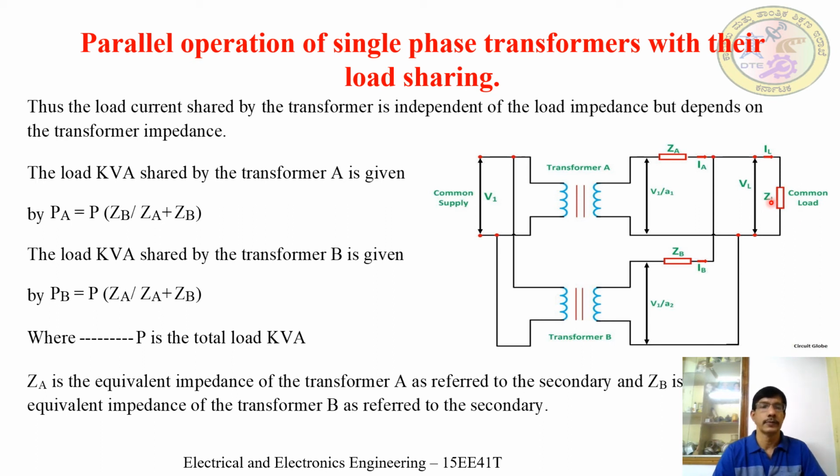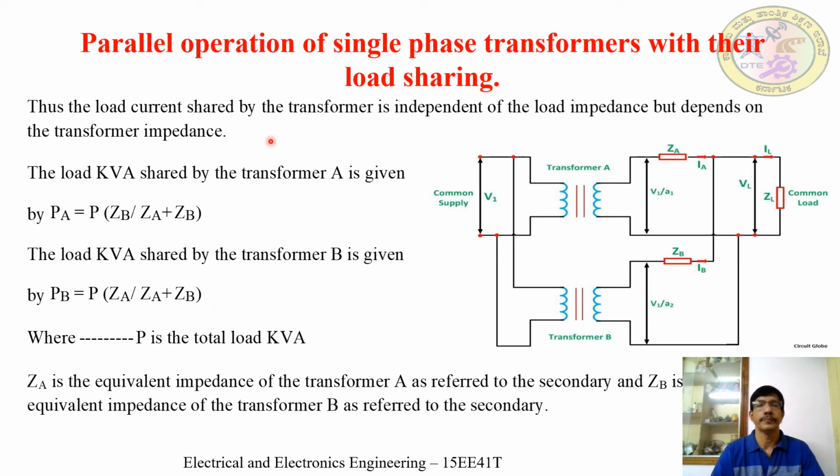Load total kVA of transformer P, then PA, transformer A kVA handled, is by this formula. Similarly, kVA shared by the transformer B is this formula.